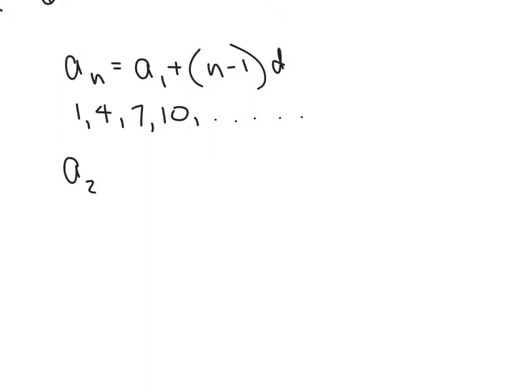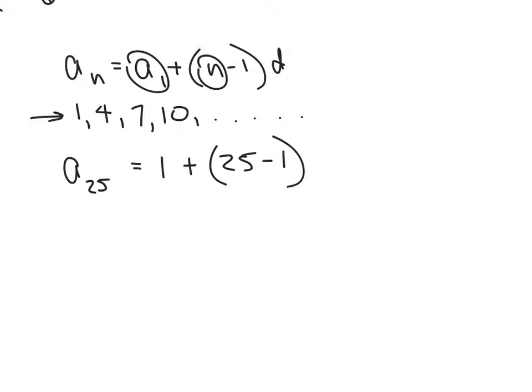So the place value is the 25th. That will be equal to a1. What is the first number? First number is a 1. Plus, again, I'm looking for the 25th number, minus 1, times the common difference. Well, what is the common difference here? 1 to 4, 4 to 7, 7 to 10. The common difference is 3.